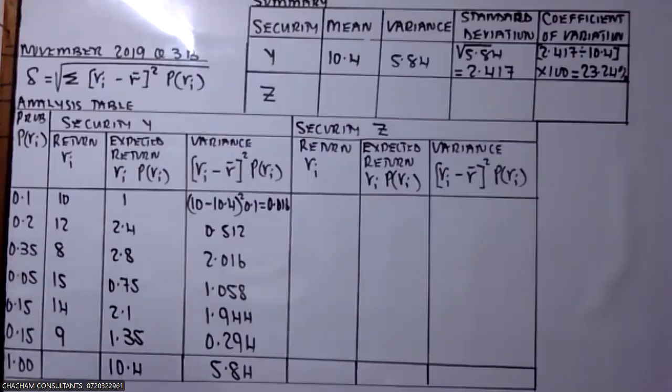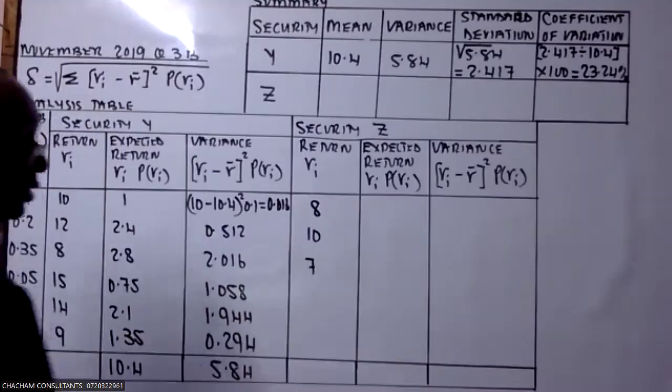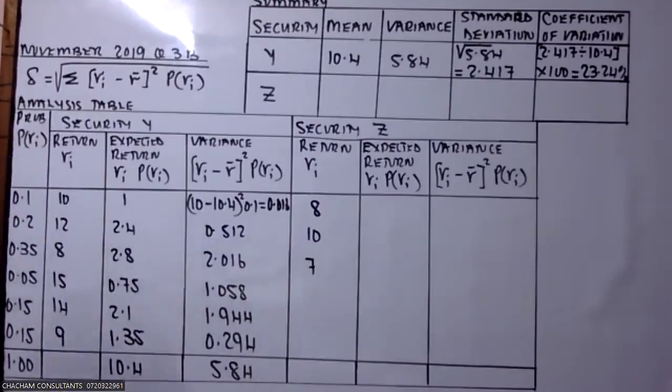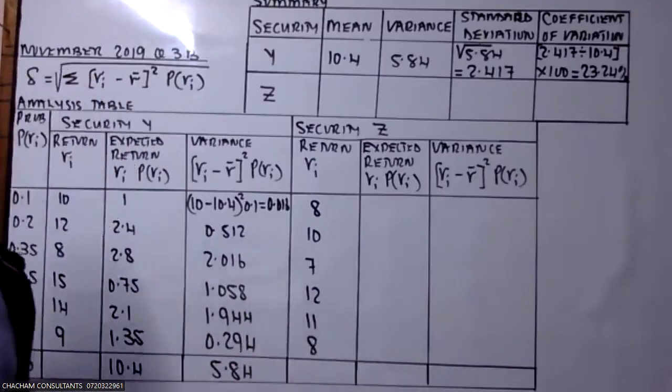Okay, now let's go to Z. We do the same thing. Z now we have 8, 10, 7, 12, 11, and 8. So now, let's start to multiply.